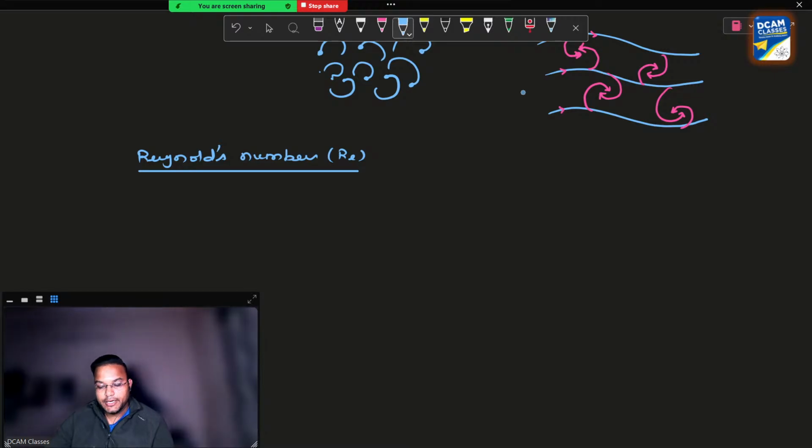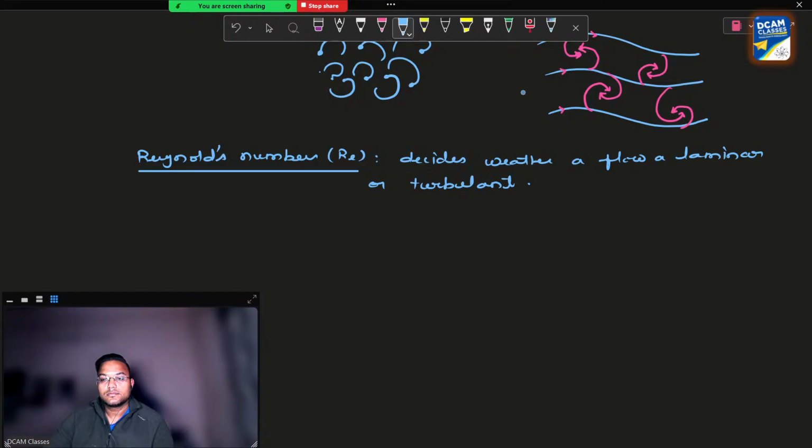It decides whether a flow is laminar or turbulent. The value of this Re is rho V d divided by eta.